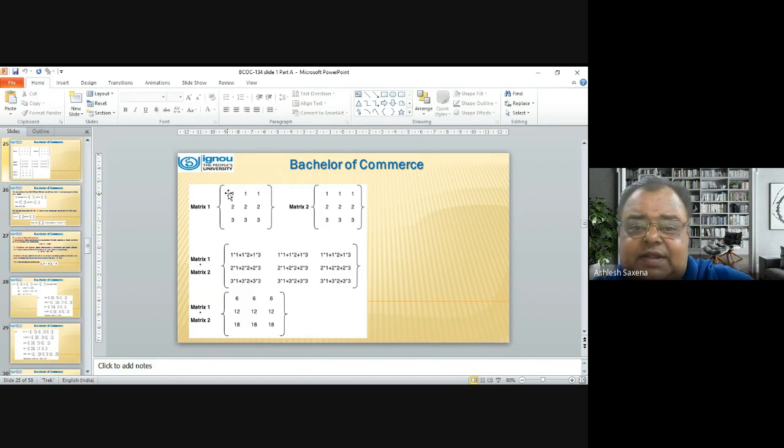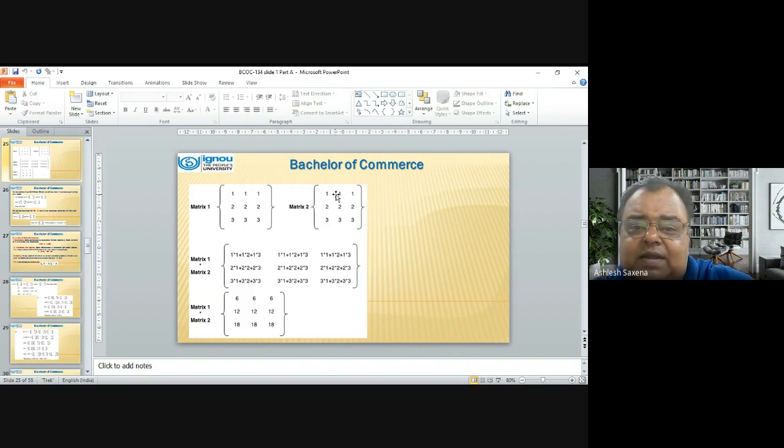Here it is. Second one, 1 into 1 plus 1 into 2 plus 1 into 3. This one, again 1 into 1 plus 1 into 2 plus 1 into 3. Again, repeat the same exercise for this row: move this way, reach over here, come down.